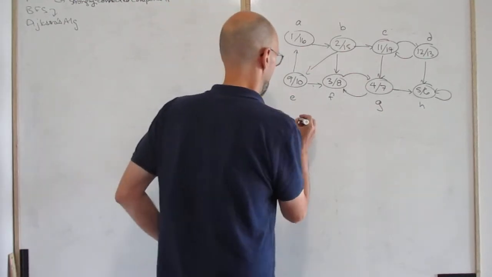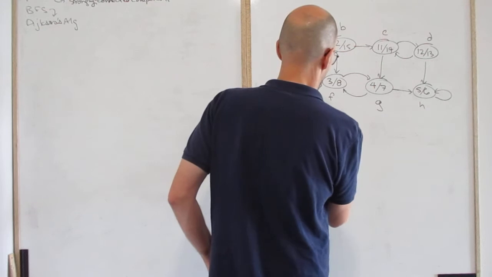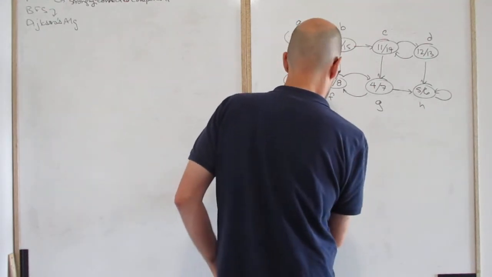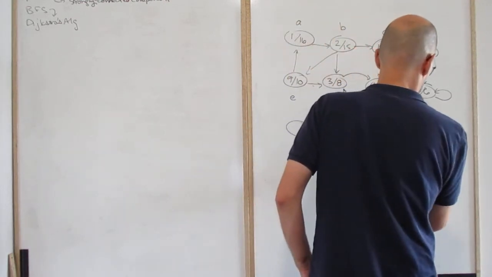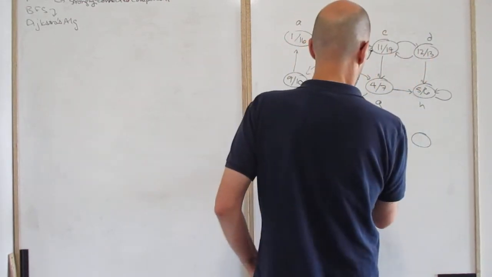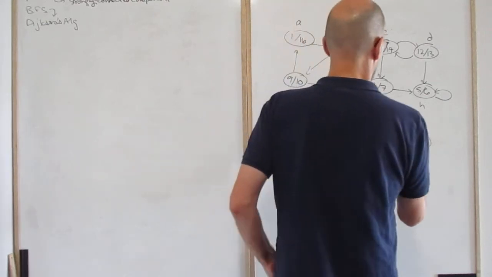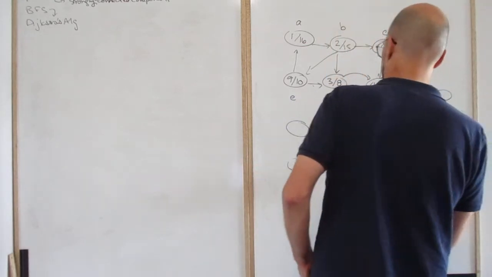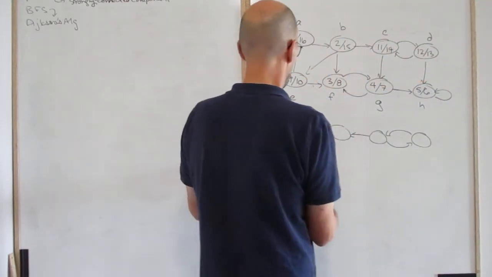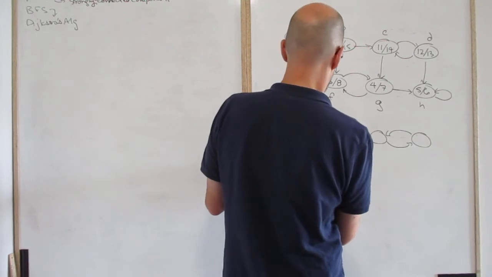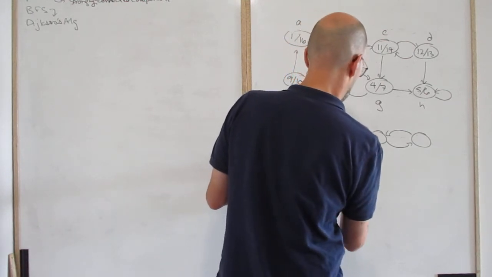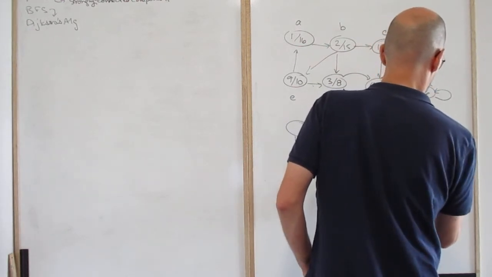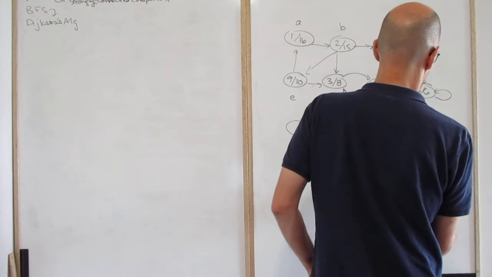Okay, so I have to do this again. Okay, this goes here, this goes here. These actually just get reversed. This goes down, this goes up, this goes like this. This goes up, this self-loop reverses, whatever.